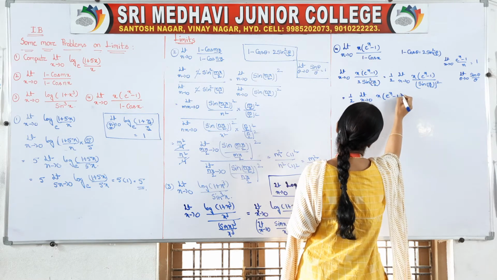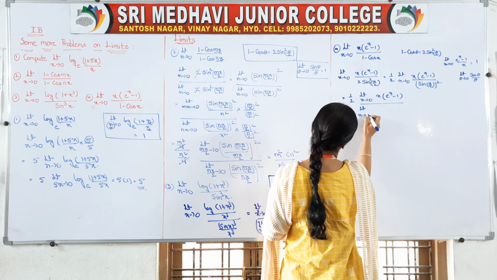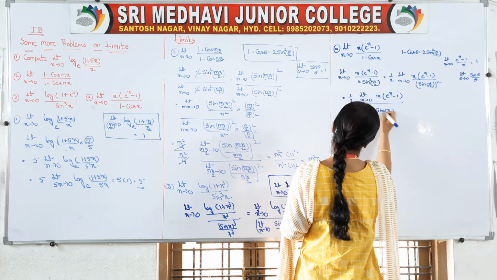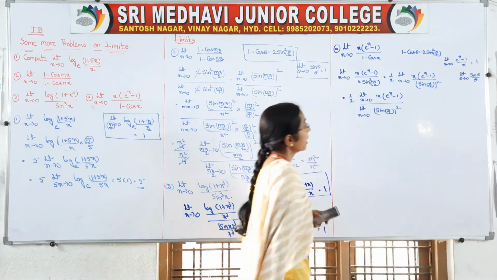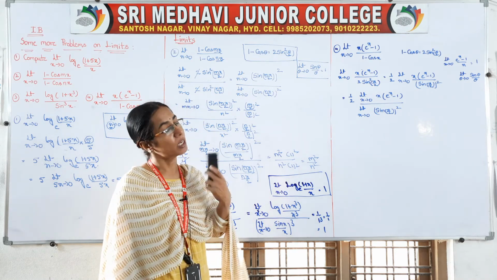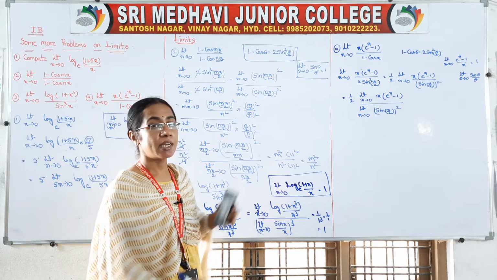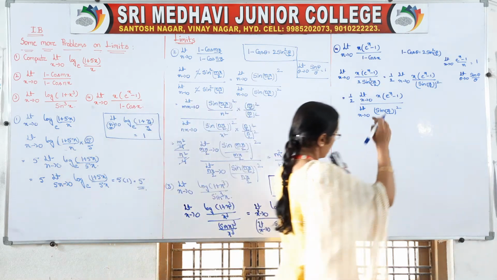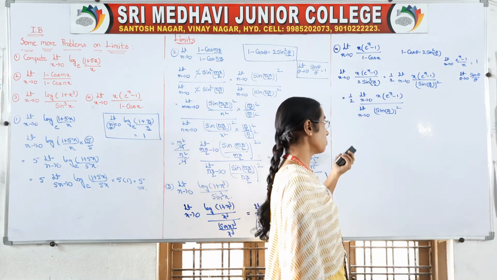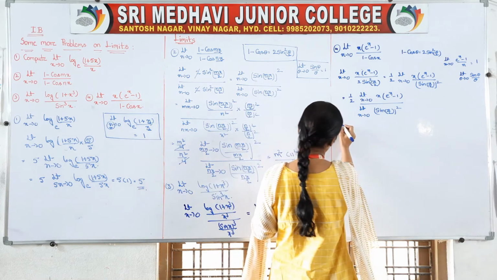E to the power of x minus 1 by limit x tends to 0, it is sin x by 2 whole square. Okay, so downwards we want x by 2 whole square, meaning numerator as well as denominator must be, right? First you divide by x square in numerator and denominator, or x by 2 whole square also you can take for numerator and denominator.